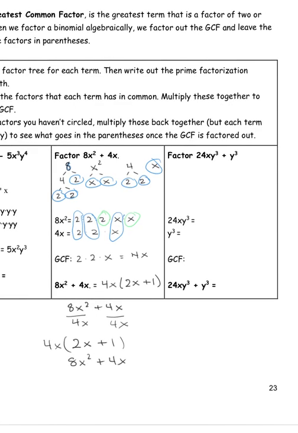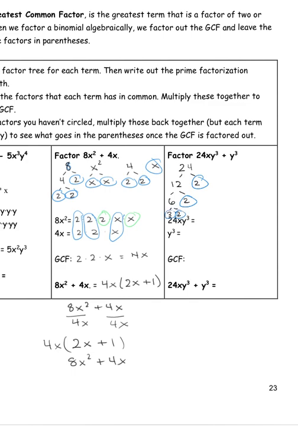So I have 24xy cubed plus y cubed. All right, so we can go ahead and make our factor tree. So I have 24, which I know breaks down into 12 and 2, which breaks down to 6 and 2, which breaks down to 3 and 2. And that was a little tight space there. So I can go ahead and circle my primes.